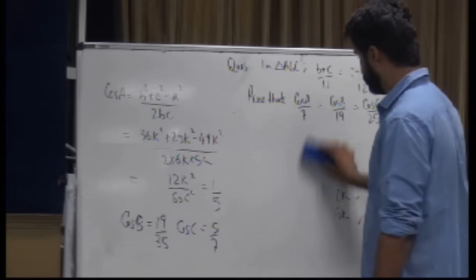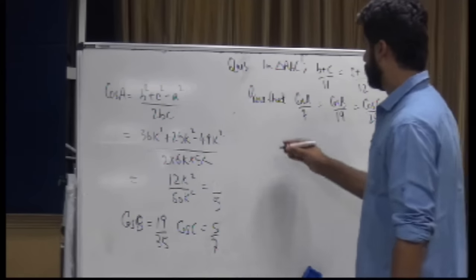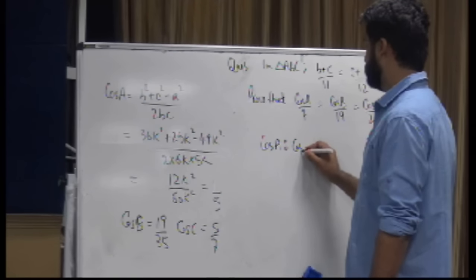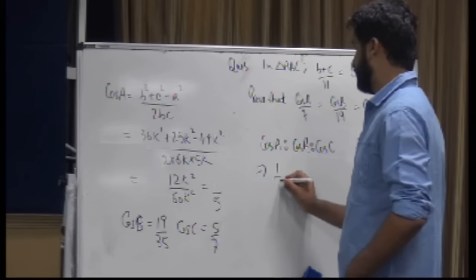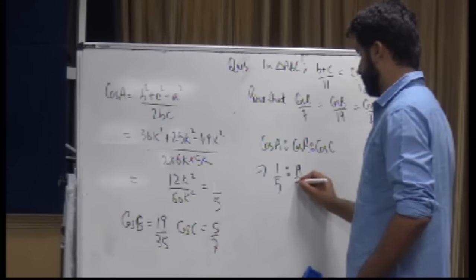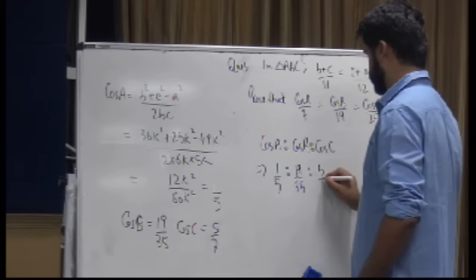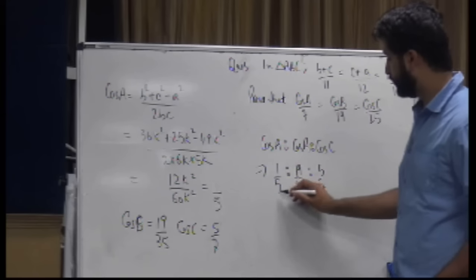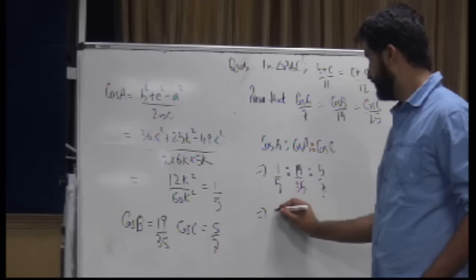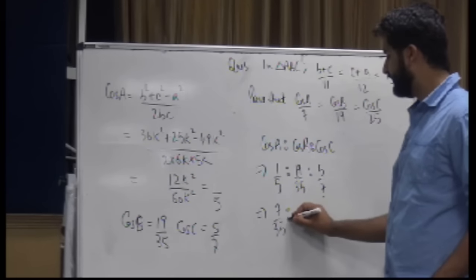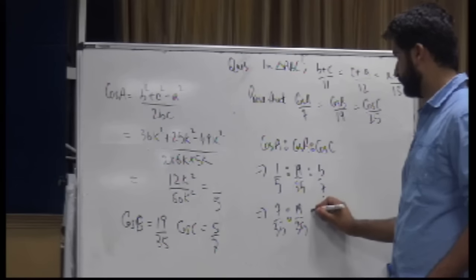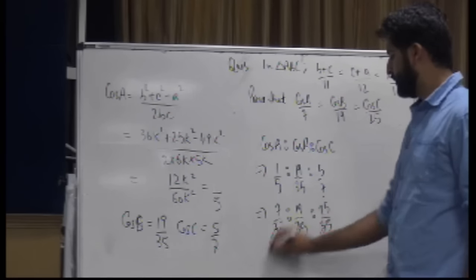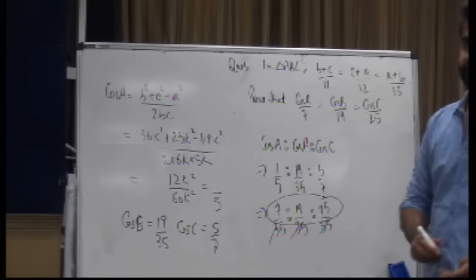So we get cos A ratio cos B ratio cos C is equal to 1 by 5 ratio... If you take the common LCM as 35, what will you get? 7 by 35, 19 by 35 and 25. So these three are in the ratio 7, 19 and 25.